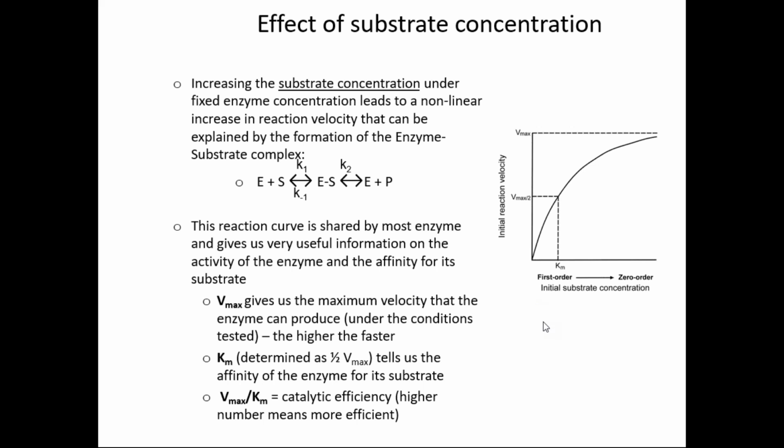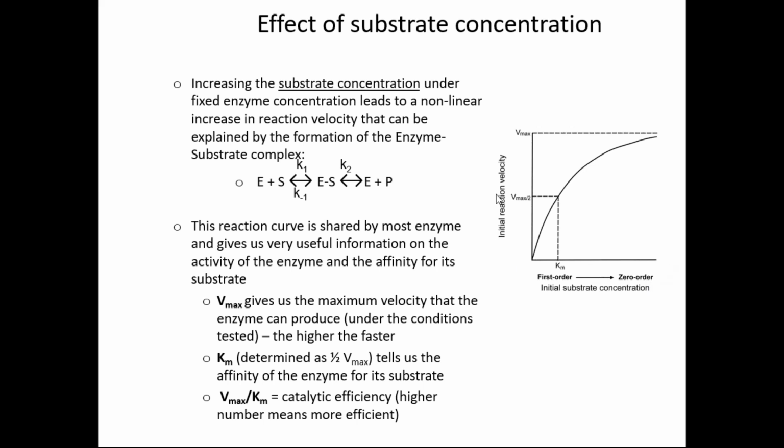This reaction curve is very specific to enzymes, and is known as the Michaelis-Menten curve, because it was Michaelis and Menten who were able to show, and explain mathematically, this equation: that initially it is first order and finally it is zero order.